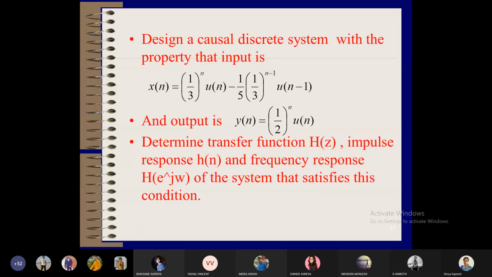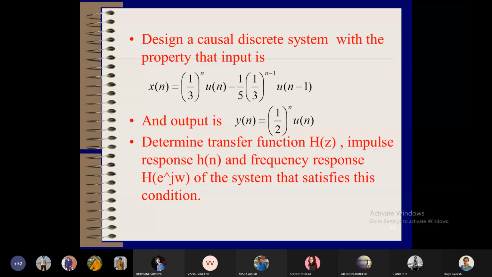So next, you are going to design a causal discrete system with the property that the input is given to you, and the expected output from the system is given to you. You have to design the system. That is why I told you the transfer function is very important.